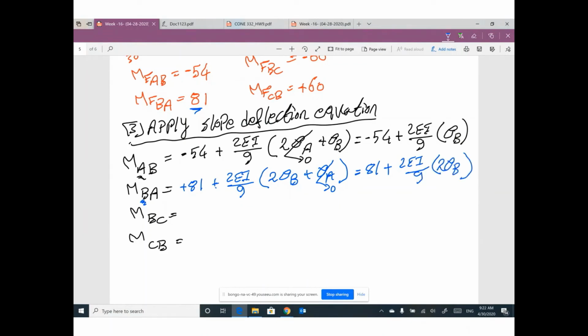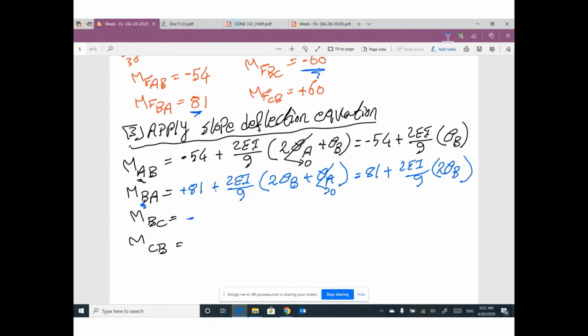Keep going. MBC will be M fixed BC, which is negative 60, plus 2EI divide length of this member 6 meter, 2 theta B plus theta C. Theta C is 0 because it's fixed.